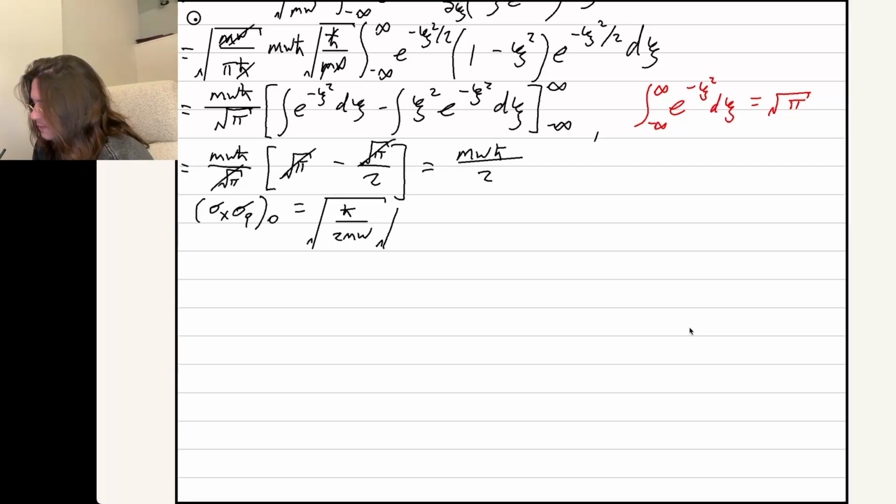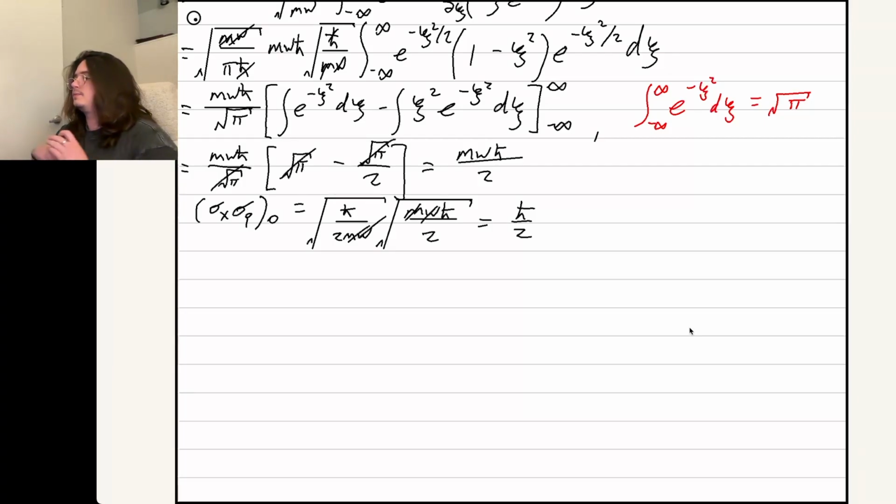And then sigma p will be the expectation value of momentum squared, which we just found, minus the squared expectation value of momentum, which was also 0, so that's done. And then this cancels this cancels this. We have h bar over 2, which we square and then take the square root, so it's just h bar over 2. So cool, the Heisenberg uncertainty principle is satisfied for the ground state wave function.